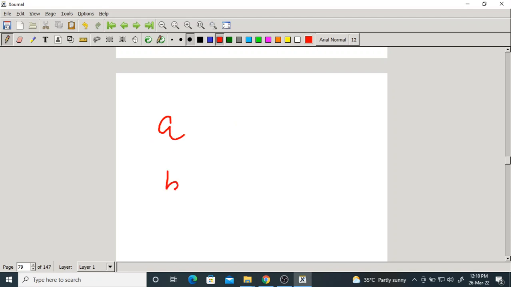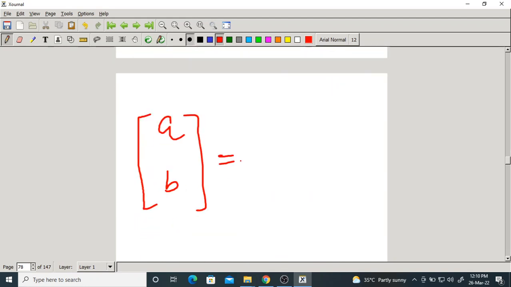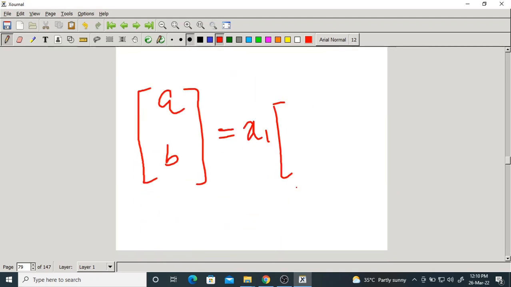Any vector AB can be represented as x1 into (2, 3) plus x2, another scalar, into (5, 7).